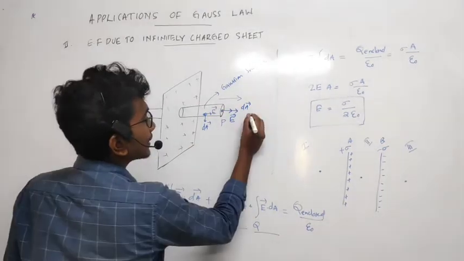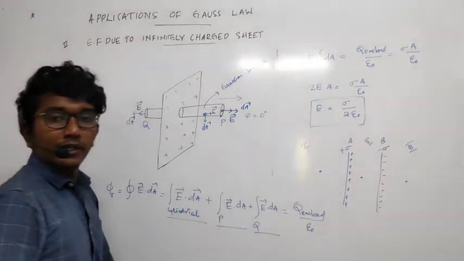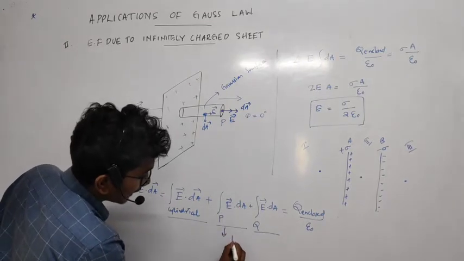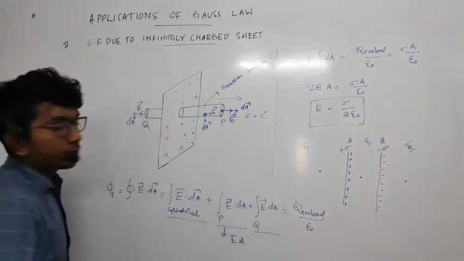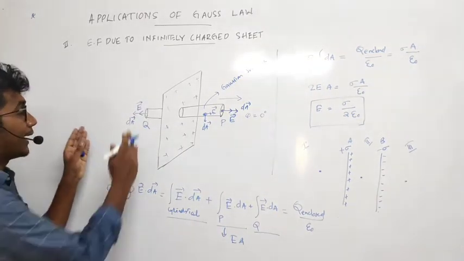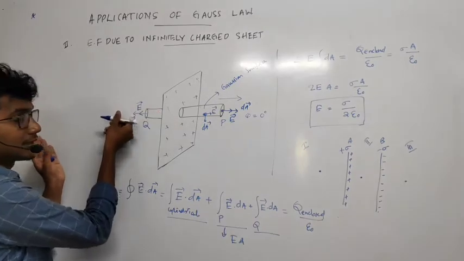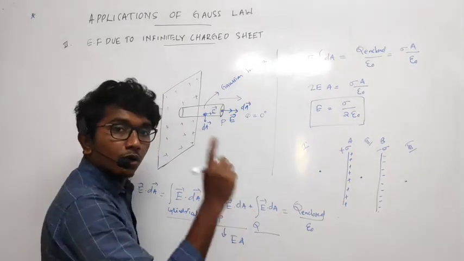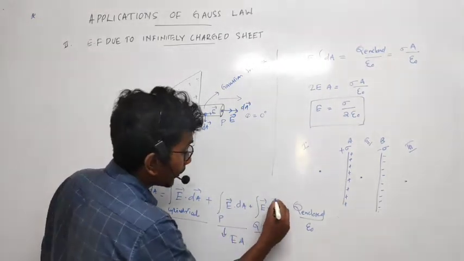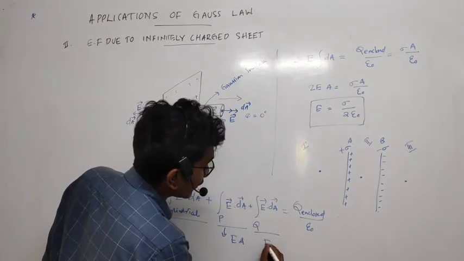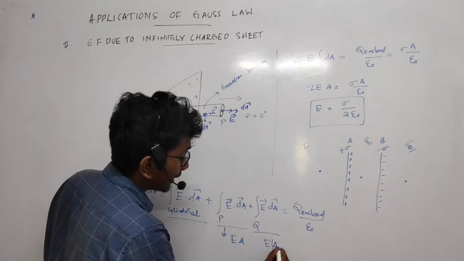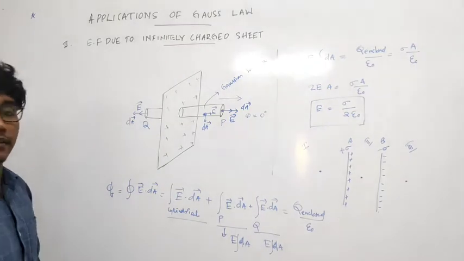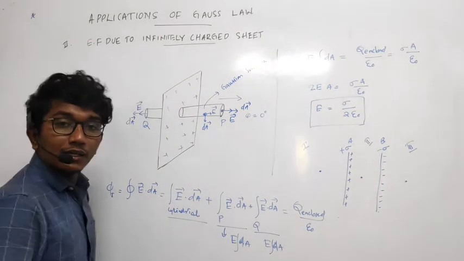So theta is equal to 0 degrees, and this portion will be E into A. And what about Q? The field E is in this direction and A is in the same direction, so theta is equal to 0, cos theta is 1. So the integral of E dot dA will be E into A, or E into the integral dA. You can consider it both ways.